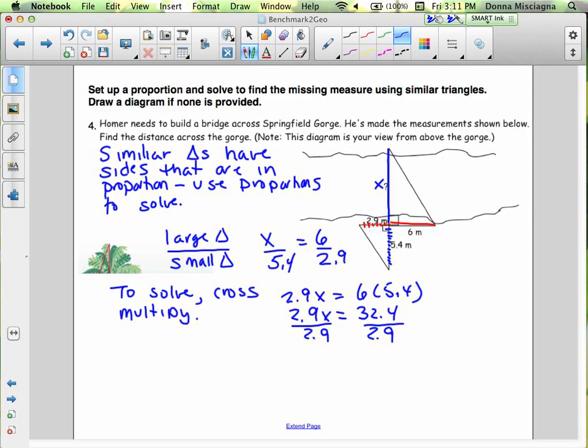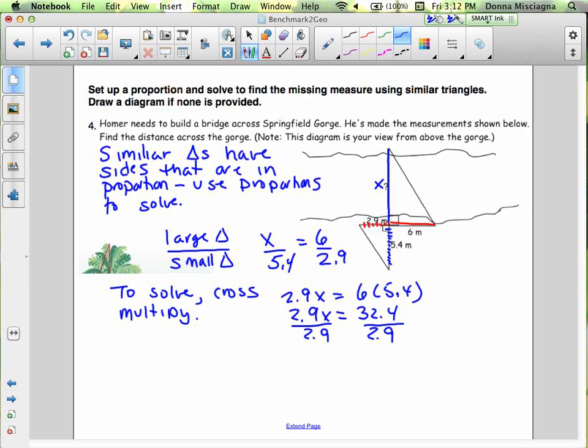And let me just check, because this is not a very pretty decimal. We'll have to round. Nope, that's right. Divided by 2.9. I was hoping I misread a number. Nope, it's 11.17 and it keeps on going.